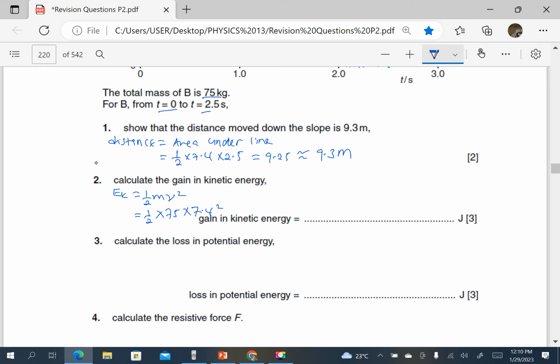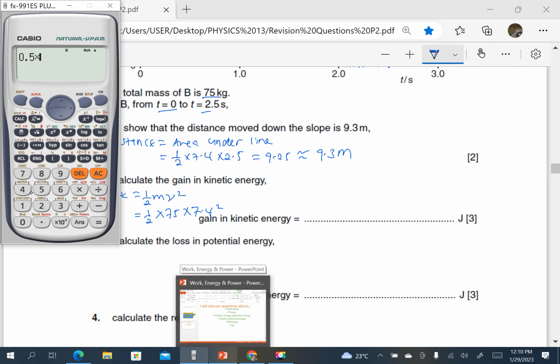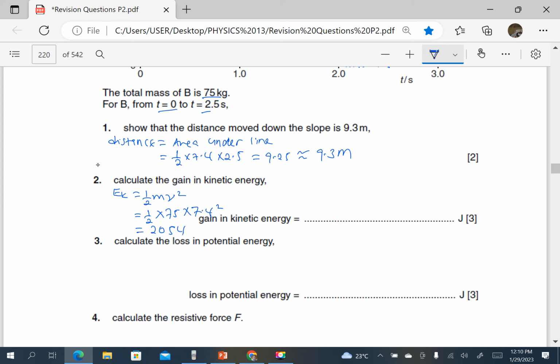Because initially the speed is 0, so the initial kinetic energy is 0, then now the final kinetic energy is this, so the gain is just the final kinetic energy, which is going to be equal to a half is 0.5 times 75 times 7.4 squared, which gives us 2053 or 2054. 2054, that is approximately 2100 joules.